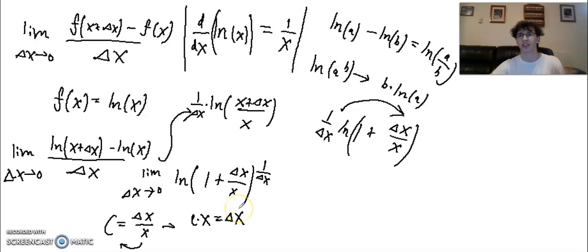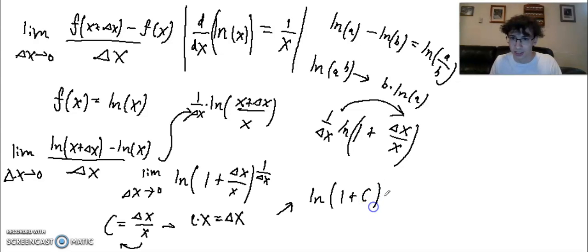So what does that do? Well, let's plug those in. And what we get is ln of 1 plus c, times 1 over cx.